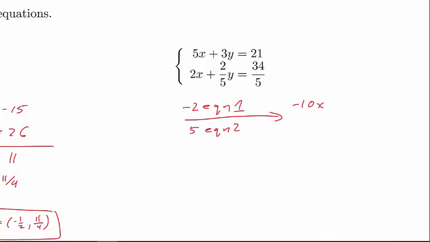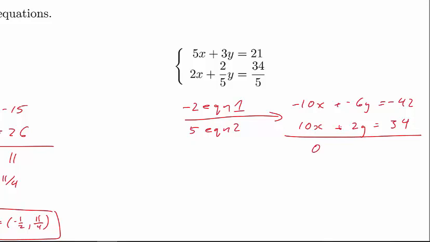And so this gives us, on the top, negative 10x plus negative 6y equals negative 42. And then the second one becomes 10x plus 2y equals 34.